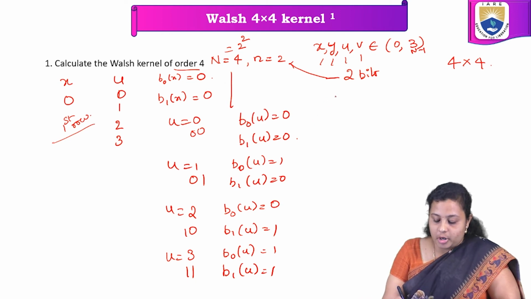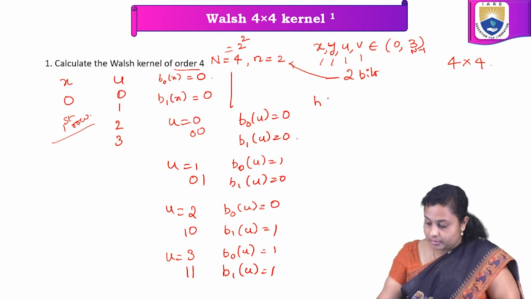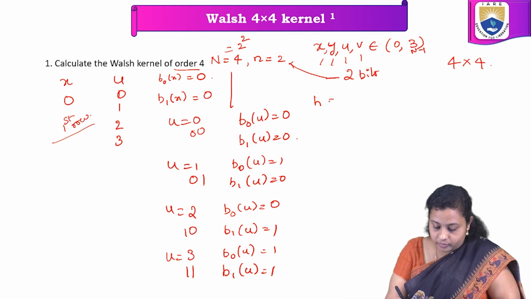So that can be given by 1 by square root of n. So let's calculate for 0 0.